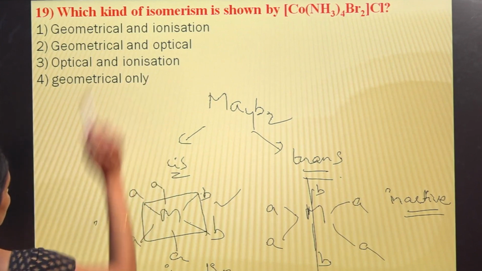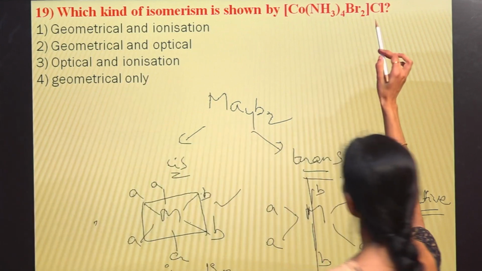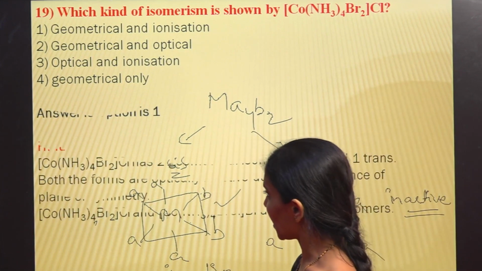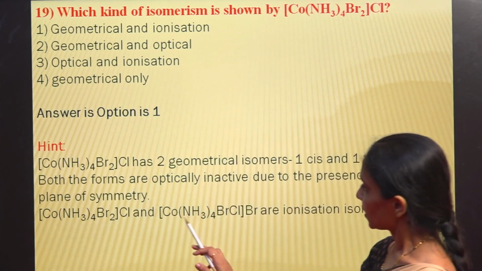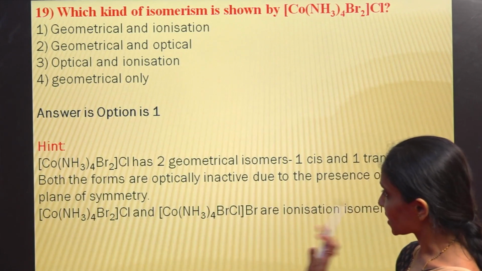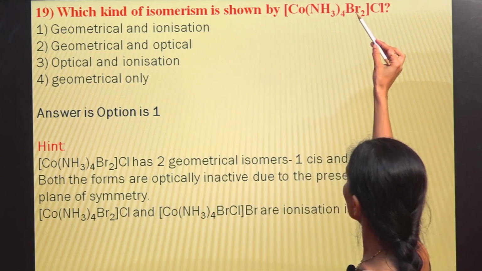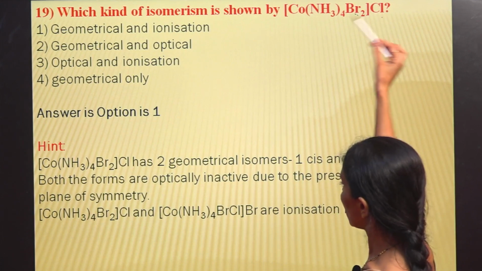What about the ionization isomerism? Ionization isomerism is present in this particular complex. Which are the ionization isomers that you have? See, these are the two ionization isomers. What you have to do is take one bromine outside and the chlorine inside.